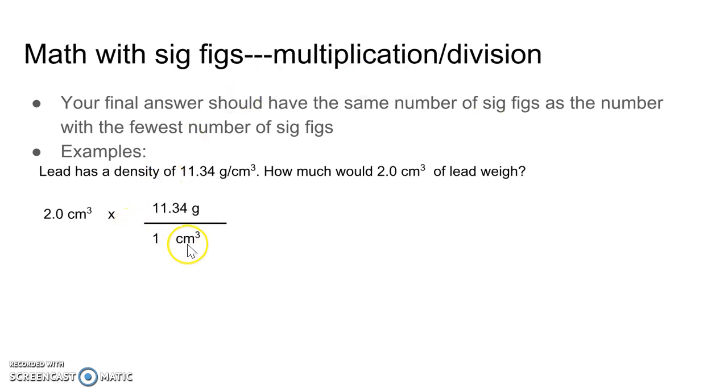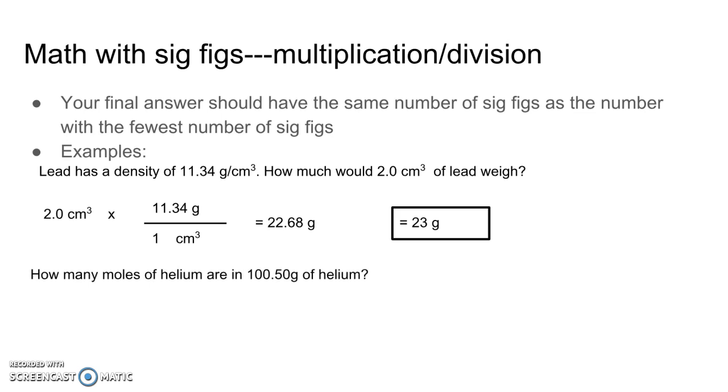Now this will technically impact my final answer here, but that's just something to keep in mind going through. Okay, so I have 4 sig figs in my final answer here, but I need to have 2 sig figs, so I just need to do some rounding, and so this would be my correct final answer.